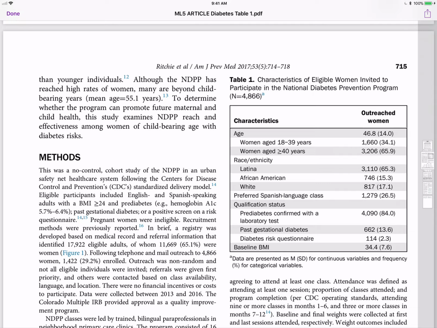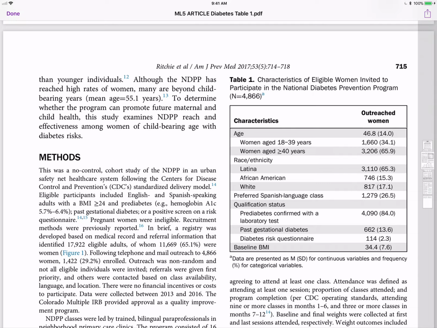They've included one decimal place, and that's pretty typical for percentages. Also, for any continuous variable, in this case the age and the baseline BMI, you'll notice that for both the mean and the standard deviation, they've included one decimal place. And so for age, you have 46.8 as a mean and 14.0 as the standard deviation.